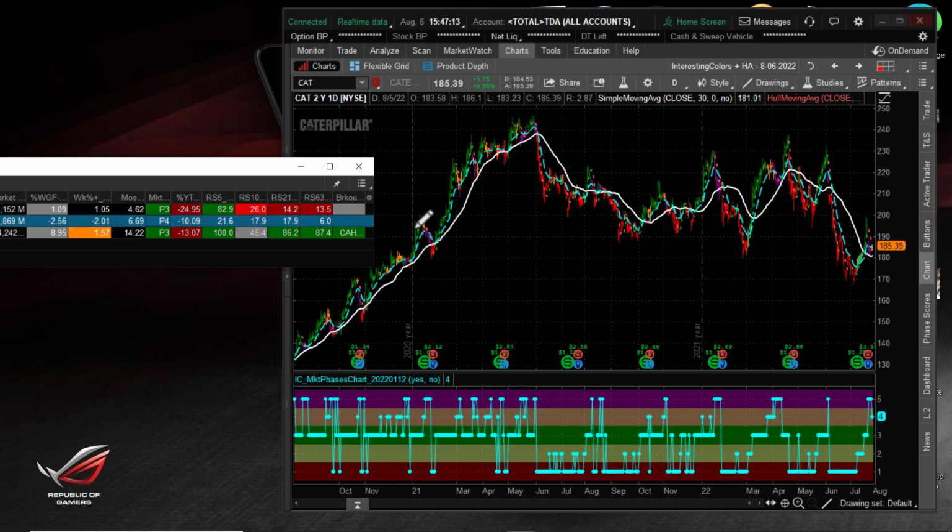Here's CAT. Same kind of exercise. Look at all the bull flags that we see on this rising trend as it's coming up. And it all looks the same. Except when it fell off over here and starts dribbling back down, it can't quite get out of its own way until you see some potential breaks in here.